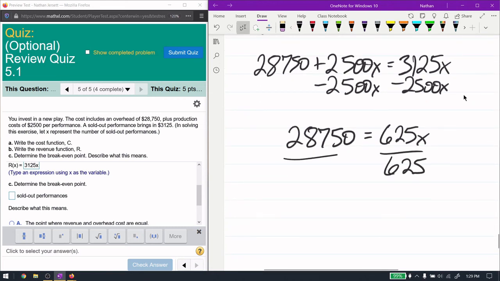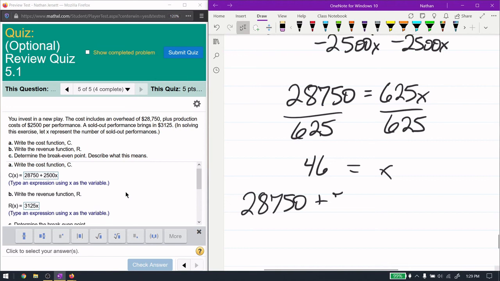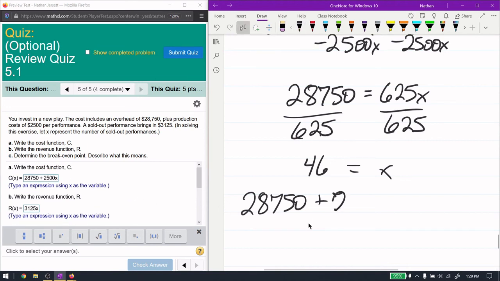Get X by itself. X is equal to 28,750 over 625. It gives us 46. So if we check our work, 28,750 plus 2,500X, where X is 46.